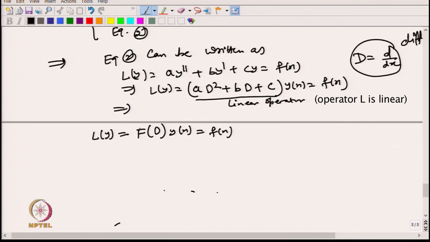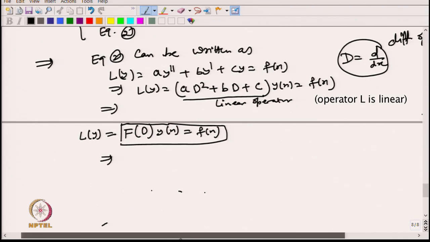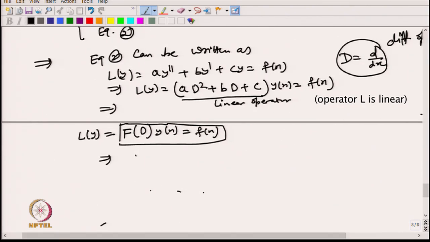So, this is my differential equation now, where F(D) is the differential operator. From here, if I want to solve this, I define y(x) = F(D) inverse f(x).